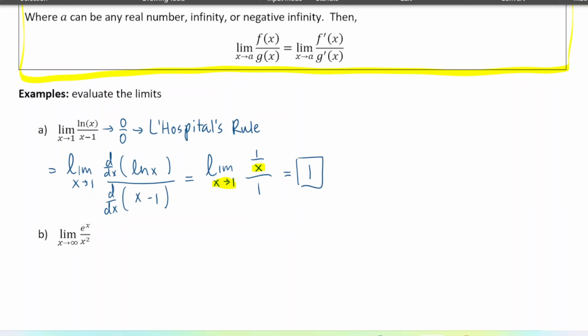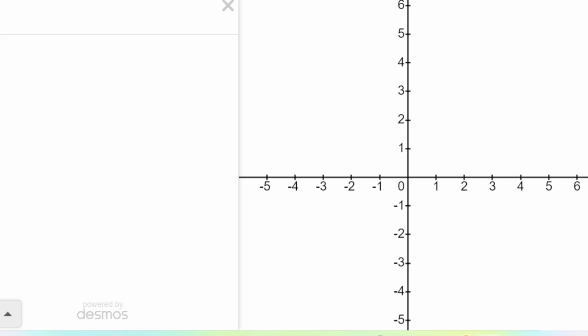This function would actually have a hole in the graph at x equals 1, y equals 1. I'm just going to show you a quick Desmos graph of what that function looks like. Here we go.